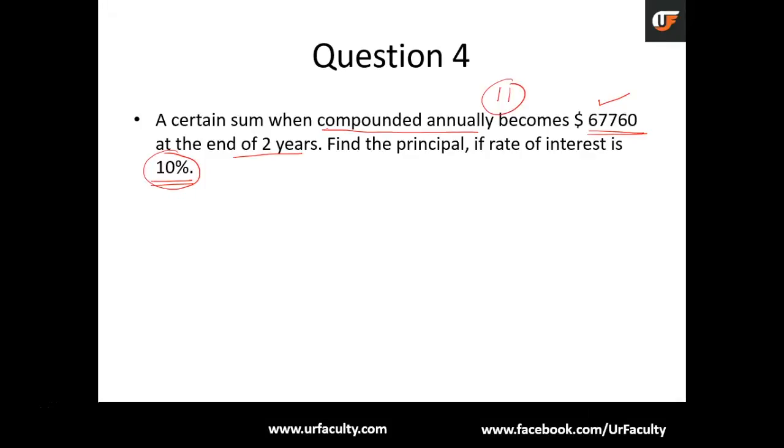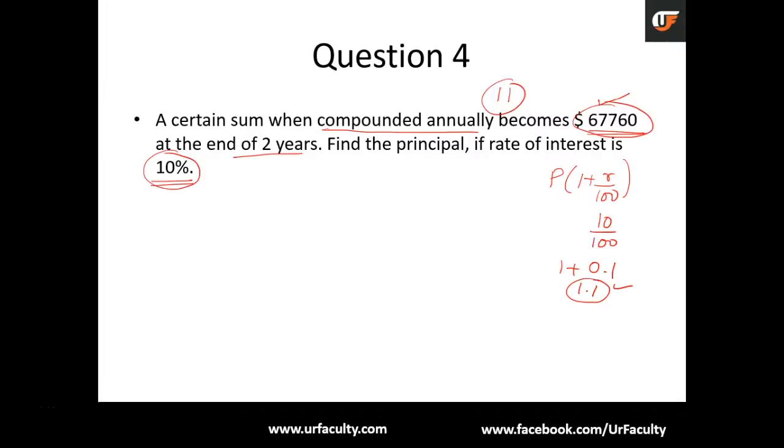It's because when you're doing P into 1 plus R by 100, the R is basically here 10 by 100, which is basically 0.1. And 1 plus 0.1 will give you 1.1. And because of that, you'll see that most of these big numbers given are basically multiples of 11.